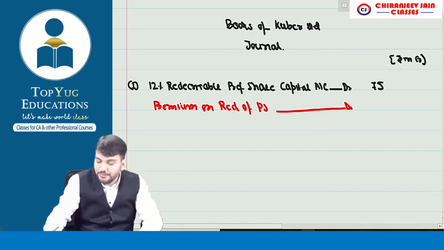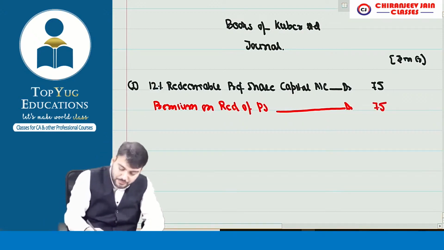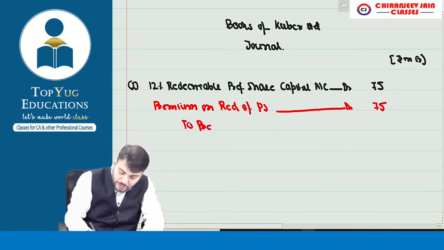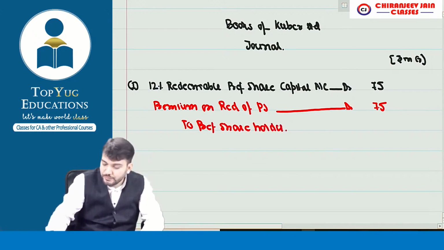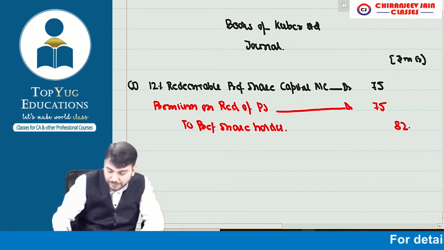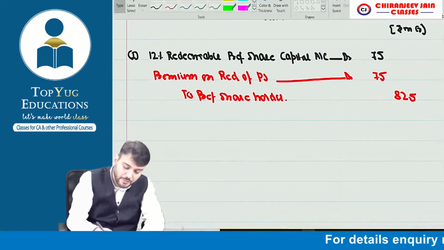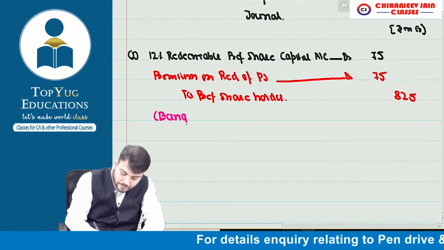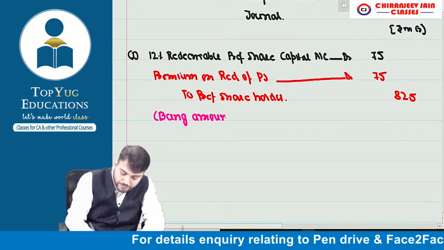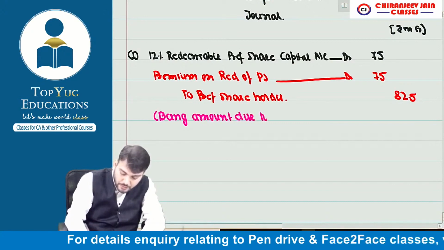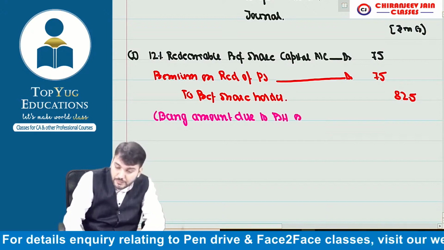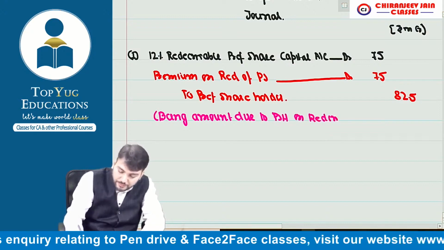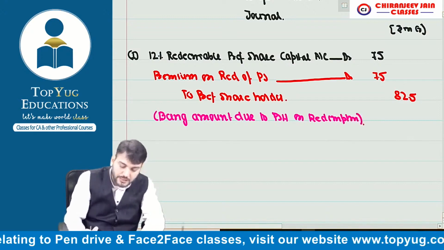How much? 10% of 75 is 7.5. To preference shareholders, how much? 82.5. Correct? Being amount due to preference shareholders on redemption. Correct?